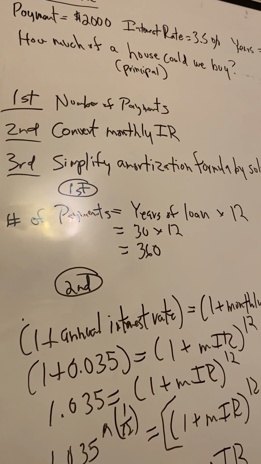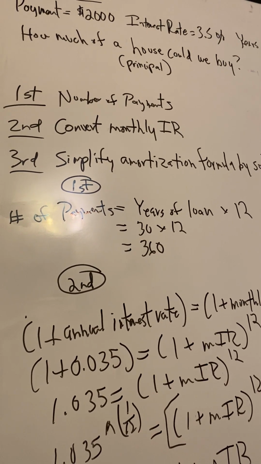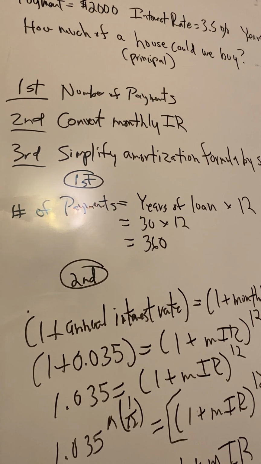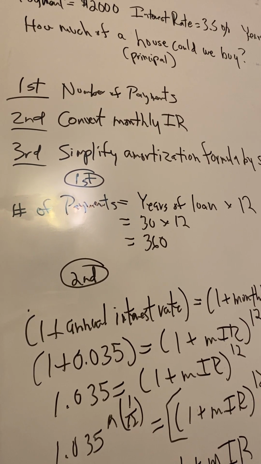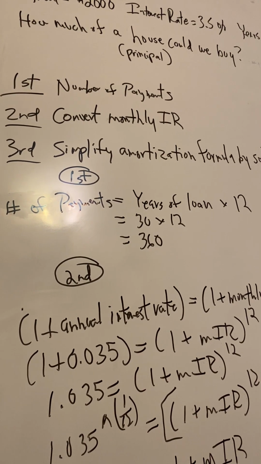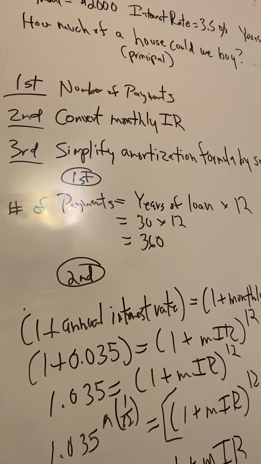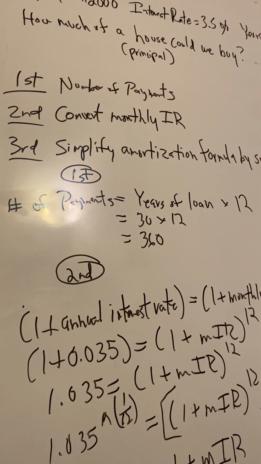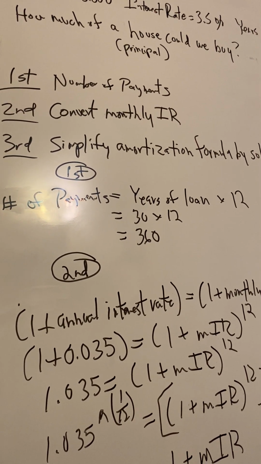And if you're struggling with it, go back to one of the previous videos where I simplify the amortization formula by just following our order of operations, doing one thing at a time, looking inside the brackets, looking inside the parentheses, simplify, simplify, simplify until you obtain the answer.